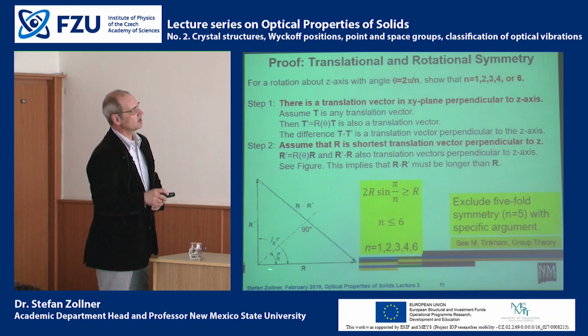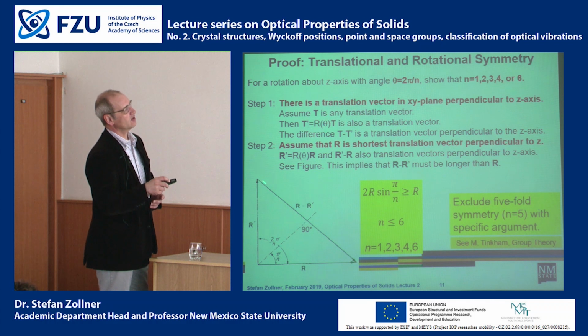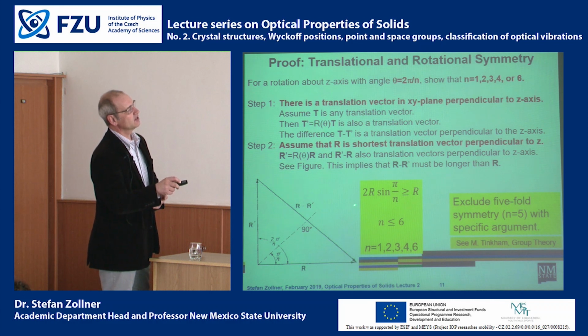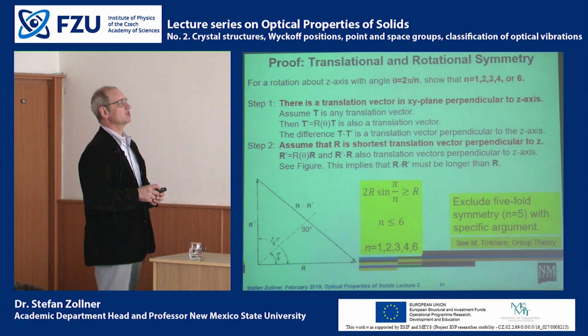Since we assumed that R was the shortest translation vector, R minus R prime cannot be shorter than R. Looking at the geometry, the length of the vector R minus R prime is 2r times the sine of half the rotation angle, and that must be greater or equal to the length r, because r was assumed to be the shortest vector.